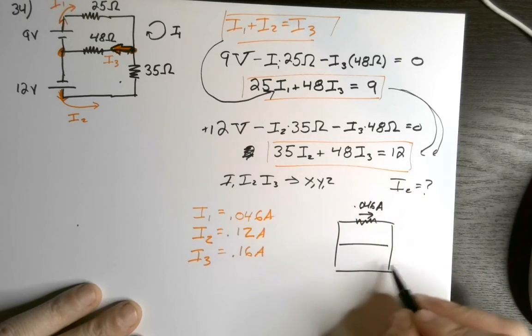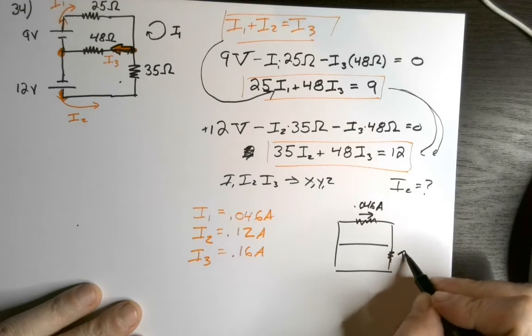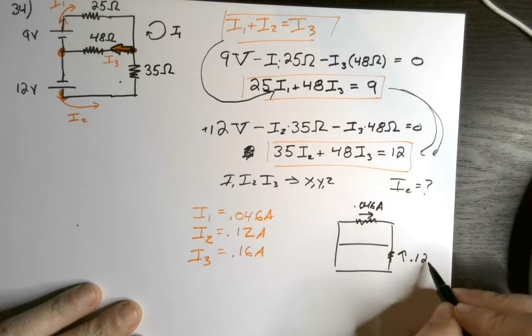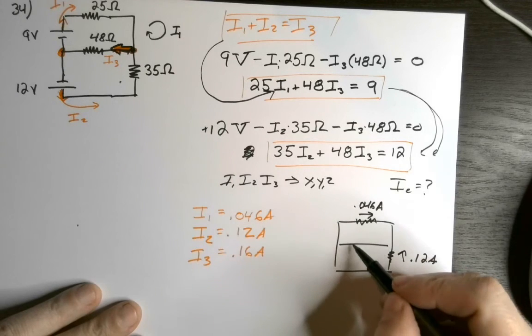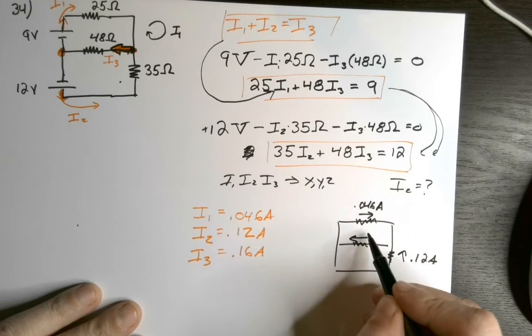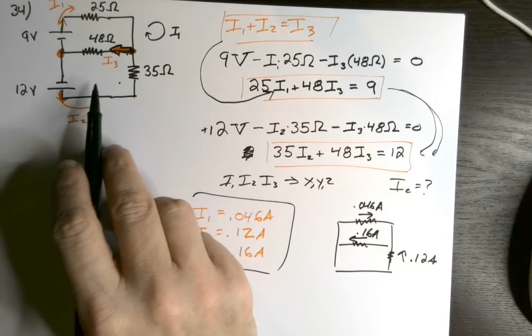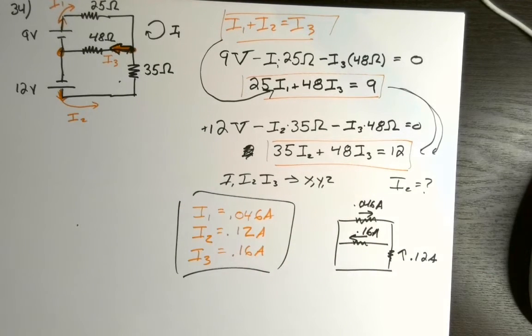I2 was this way, so the current through this resistor down here is 0.12 amps that way, and in the middle, I3 is 0.16 amps that way. All of our currents came out positive, which means we guessed right at the beginning for what the directions are of all of the currents in the circuit. Our intuition about which direction current would flow is correct.